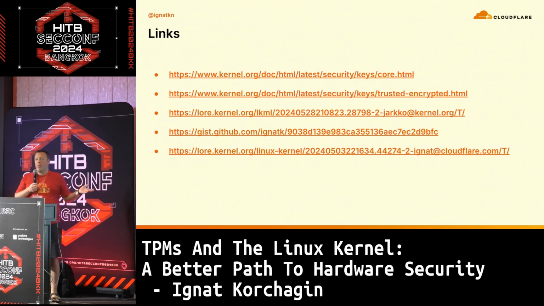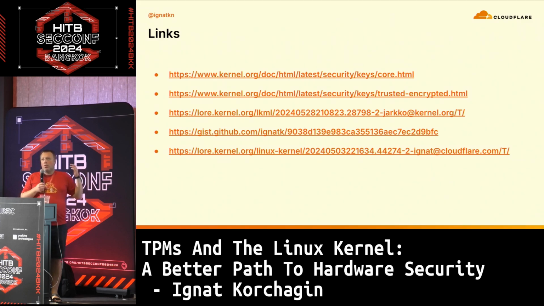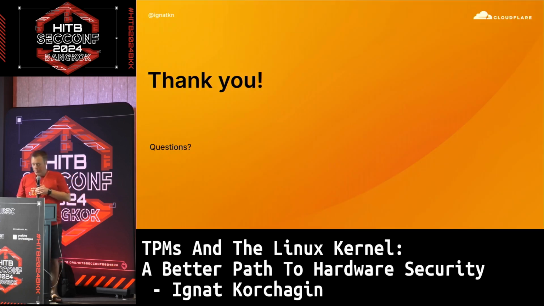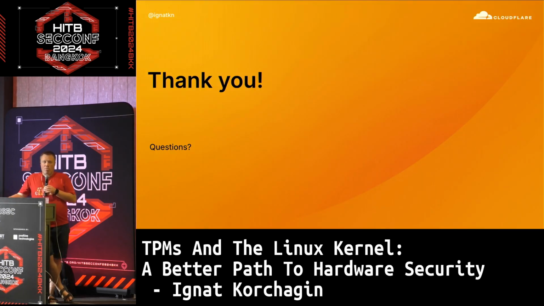You can follow that thread to understand when it's merged, so you can start using it. The fourth link is to the code of my POC for the request key TPM derived keys, and the fifth link is to my patch set proposal to upstream to add derived key support directly into the kernel. Thank you very much, and I think we have time for questions.